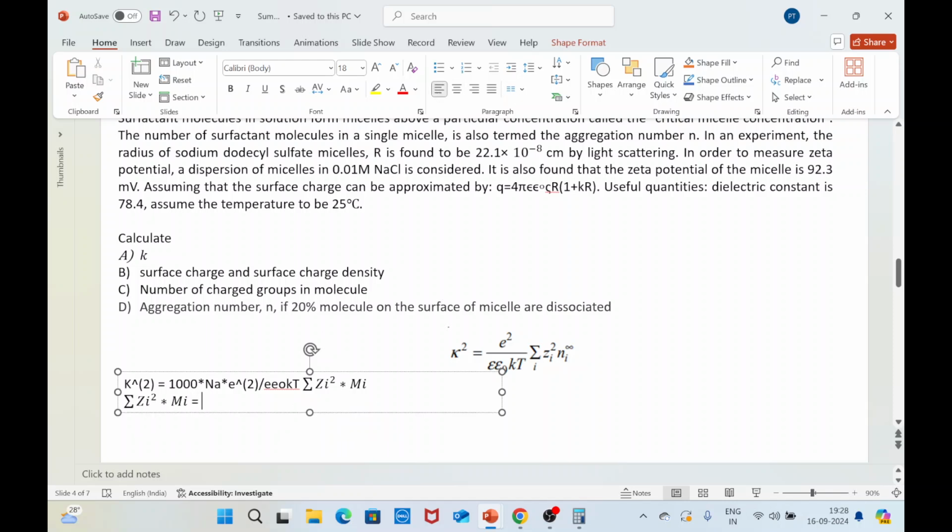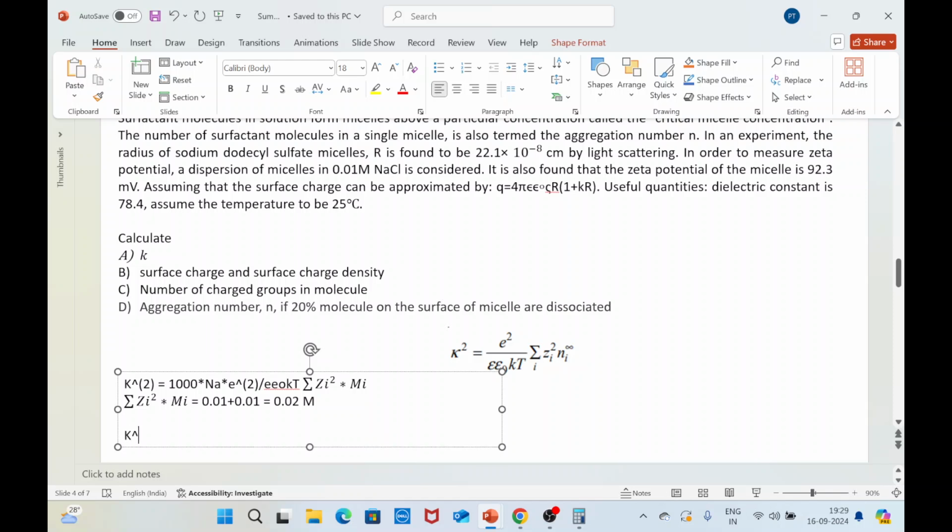Since it's NaCl, Z will be plus 1 and minus 1, so I'm not going to write that step here. Instead, I'm going to just write 0.01 plus 0.01, so that is going to be 0.02 molar.